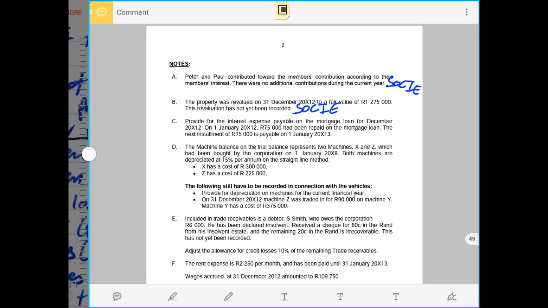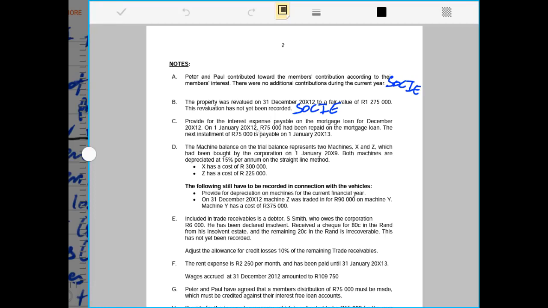Number C says prepare for the interest expense payable on the mortgage loan for December 2012. On the 1st of January 2012, 75,000 rands had been repaid on the mortgage loan. The next installment of 75,000 rands is payable on the 1st of January 2013.